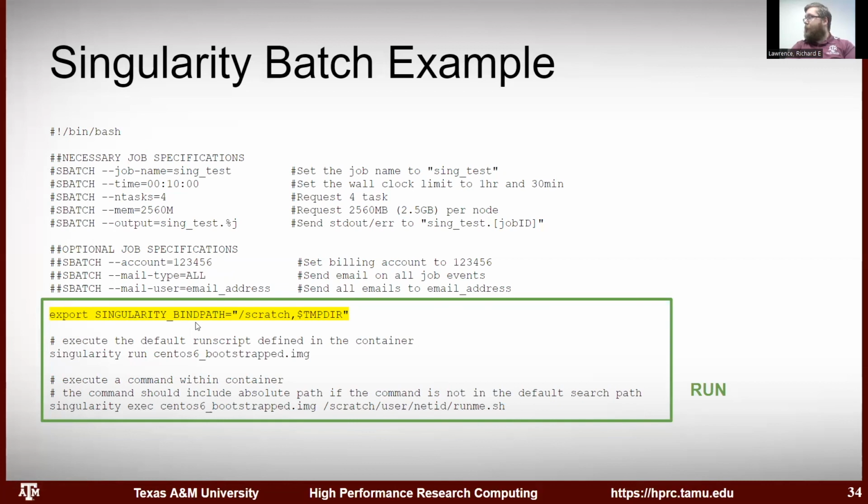Export Singularity bind path equals a comma separated list of directories that you would like to be present in the container. And then all of the Singularity commands that follow in your batch script will have that property. So here we have two Singularity commands. We have a Singularity Run and we have a Singularity Exec. And both of them will have that bind path active.